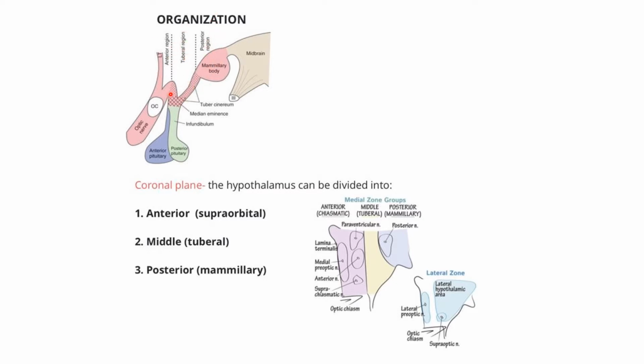Posteriorly, there is the mammillary body, and we can see the bulging over here, and another bulging here called the tuber cinereum. This part up until the infundibulum is the tuber cinereum. Here we have the tuberal region or the middle region, and then the anterior supraoptic region.